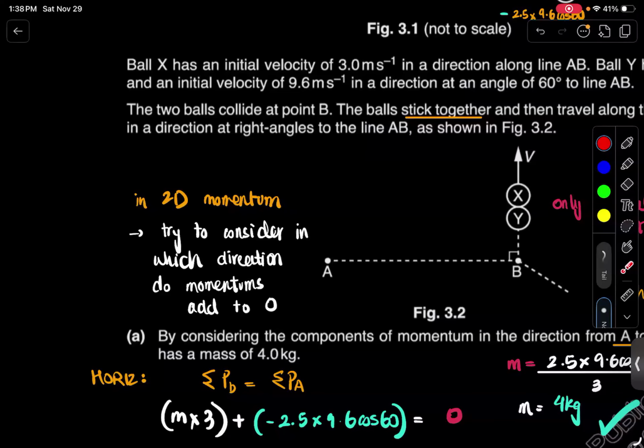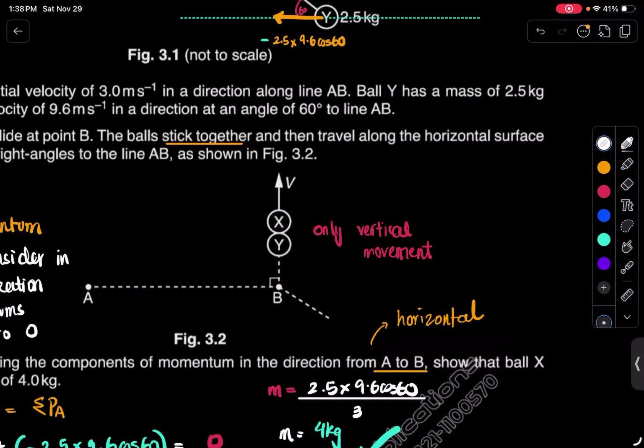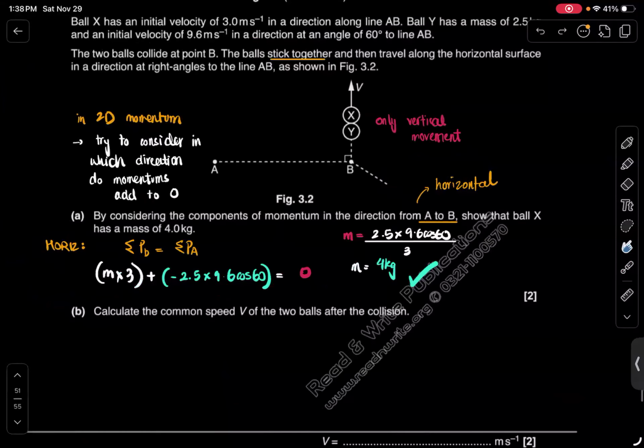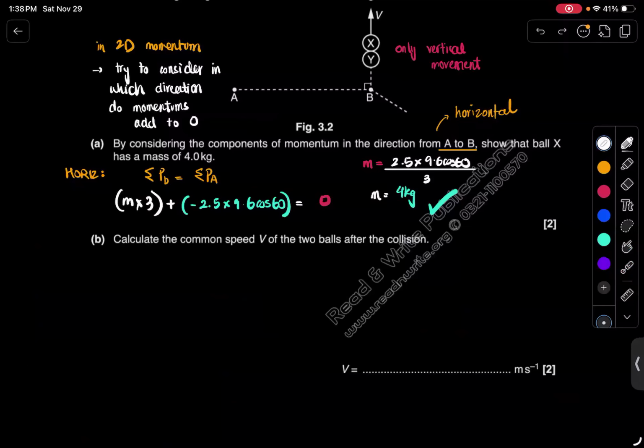If you have a single zero momentum anywhere, it's going to make your life much easier. For example, horizontal momentum after the collision is 0 in this case because the ball is only moving vertically, and this adds up to 0.